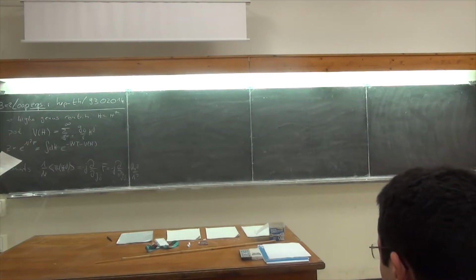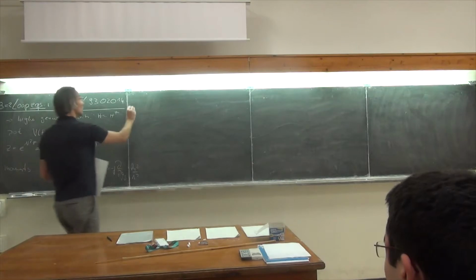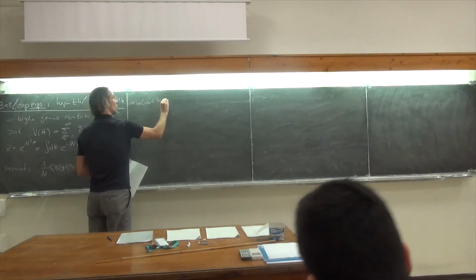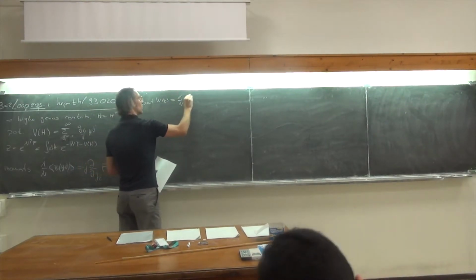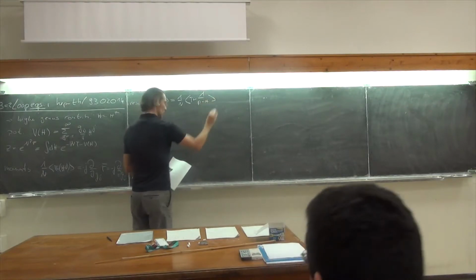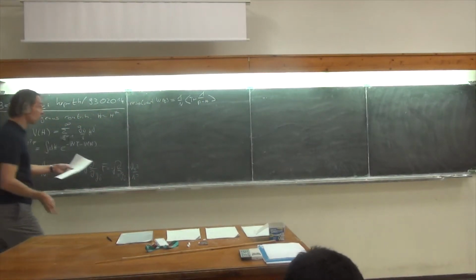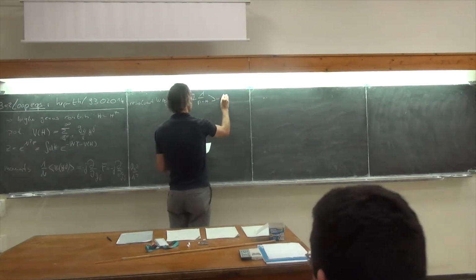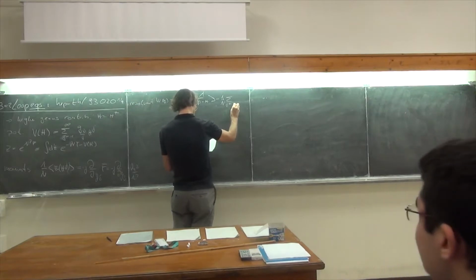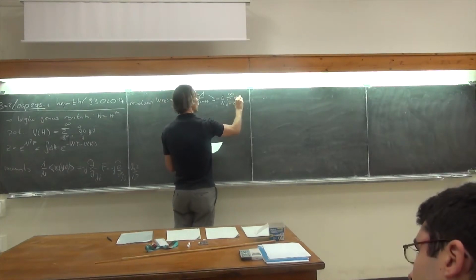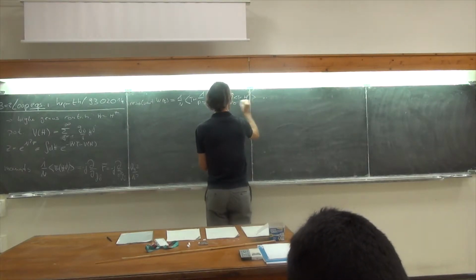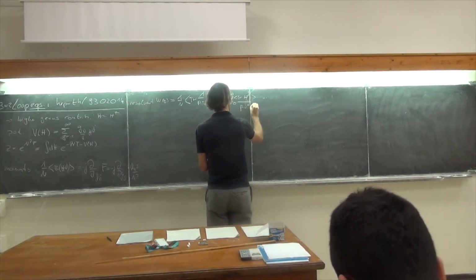Now we will need all moments because we want to get the resolvent W(p), which is 1 over N trace of 1 over p minus H. This will be our central object, and we can also write this as 1 over N sum over j from 0 to infinity of trace H to the j divided by p to the j plus 1.